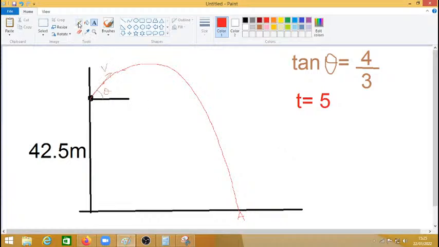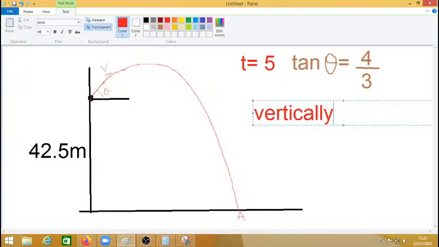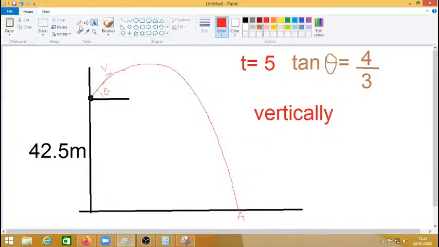So let's see what we know. Let's try to look at it vertically. So looking at it vertically, the initial speed vertically is V sine theta. Hopefully you're comfortable in splitting this. That would be V cos theta, and going upwards would be V sine theta.